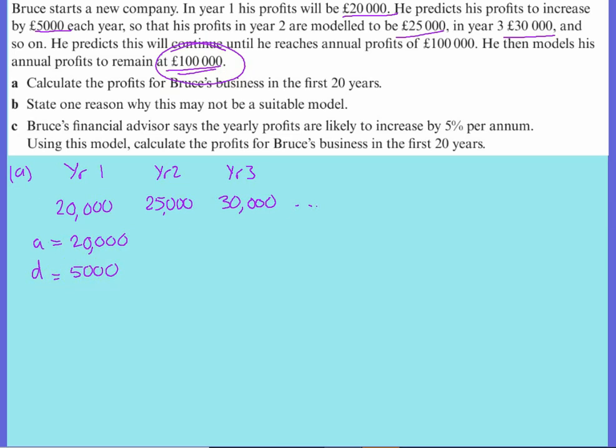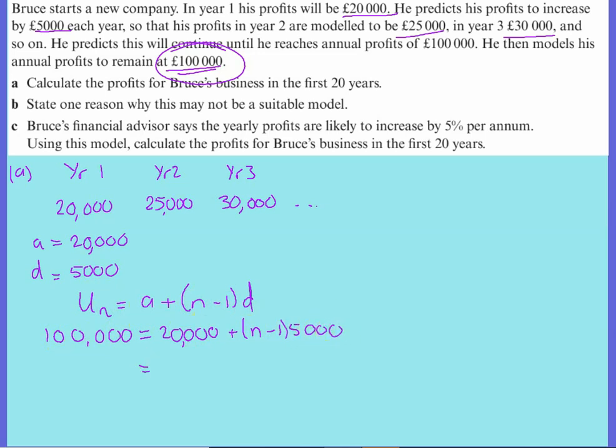So to do that, we need the nth term of an arithmetic sequence, and that is a plus n minus 1 d. And we want to work out when the term is equal to 100,000. So 100,000 must be equal to 20,000 plus n minus 1, that's the bit we want to work out, times the difference, which is 5,000.